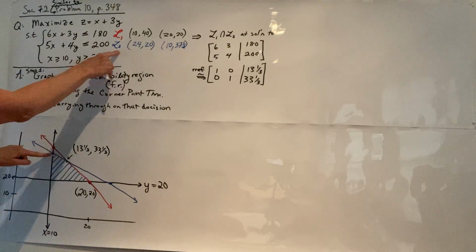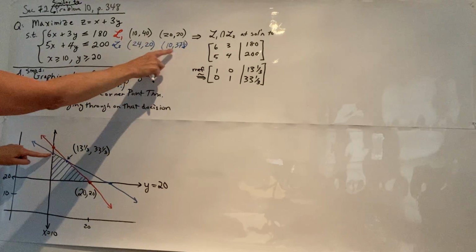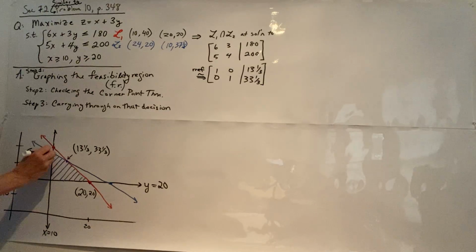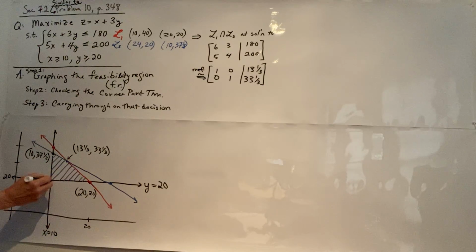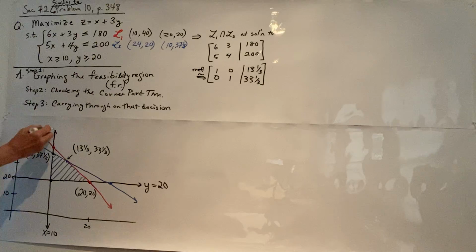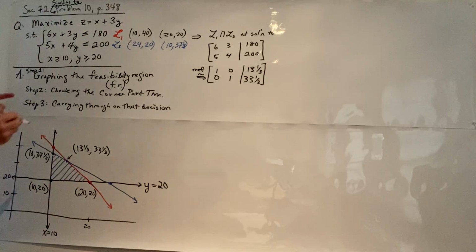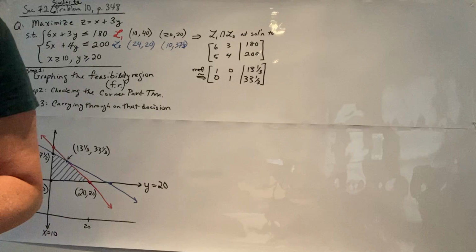This is from line 2, when y is equal to 10. That's the 10, 37.5 point right there. And we need this one. What's at the intersection of x equal to 10 and y equal to 20? I have the point 10, 20, of course. Okay, so now we have graphed the feasibility region.